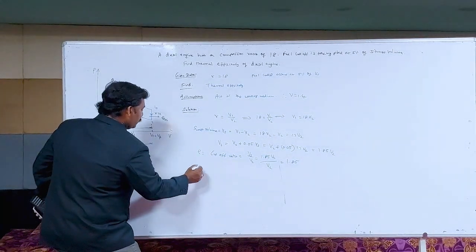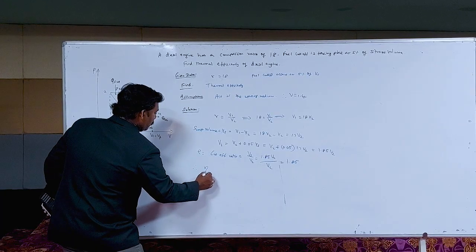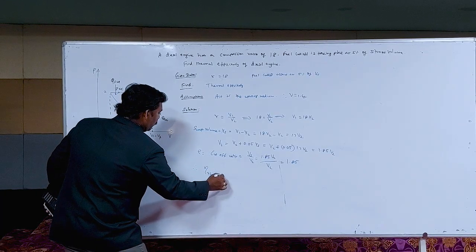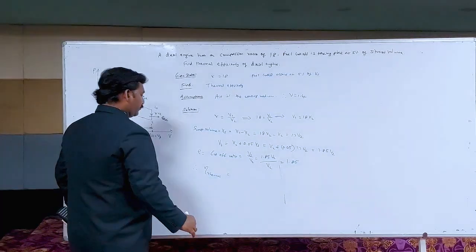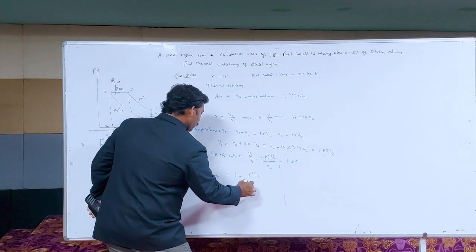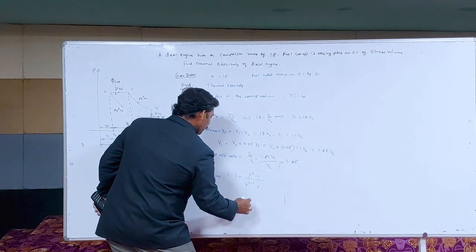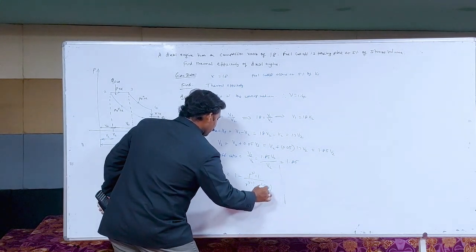Therefore, now the efficiency of a diesel engine is equal to, we know, 1 minus rho power gamma minus 1 divided by r power gamma minus 1 into gamma into rho minus 1.